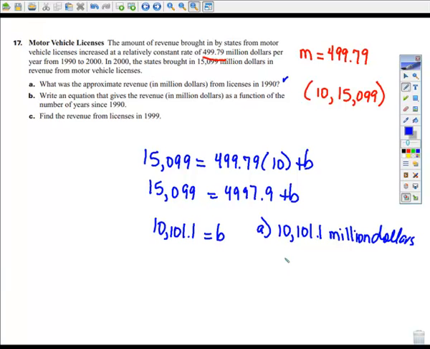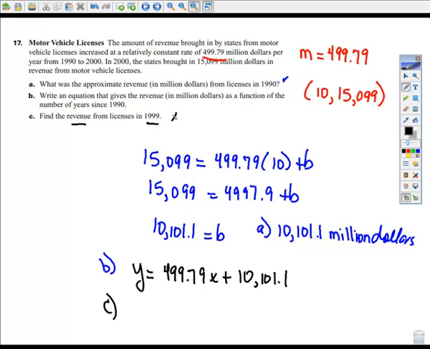That's a lot of money. Part B, they want us to write the equation. Well, yay, we have everything we need to do that. So y equals, m is 499.79, x plus b is 10,101.1. And finally, part C, they want to know what the revenue is in 2000. Well, 2000 is year 10.